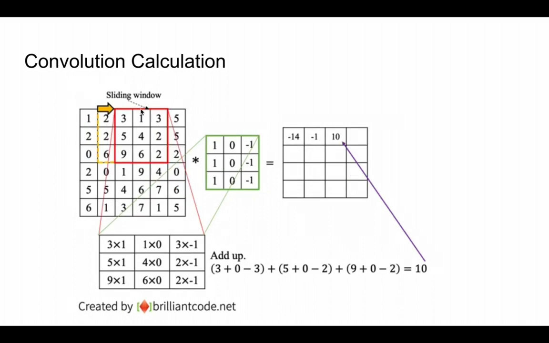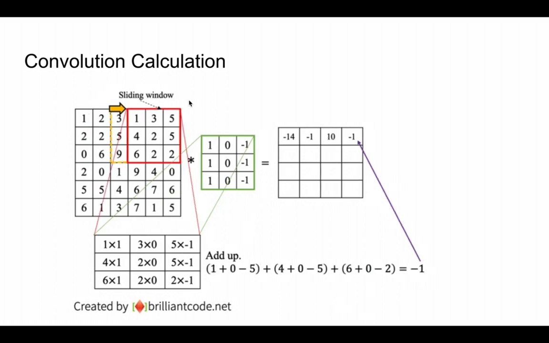For the next sliding window, we do the same calculations, multiply the 3 by 3 image by the filter elements, and add all the elements together, and we get 10. Then we shift to the fourth element here. Once we finish this calculation, we cannot shift to the right-hand side anymore.